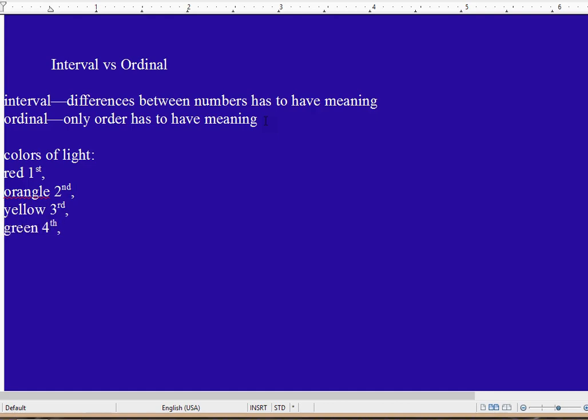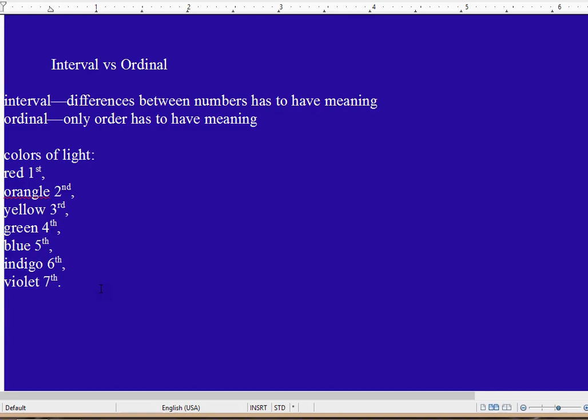And remember my physics right quick, then there's blue, and if we're Isaac Newton, we throw indigo in there. And finally, there's violet. Alright, these numbers, 1 through 7, they do tell us the order of colors of light.